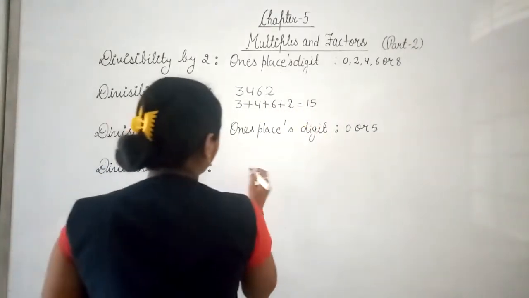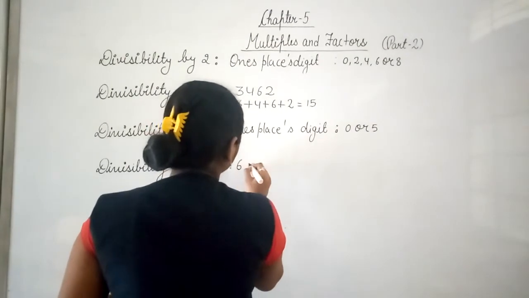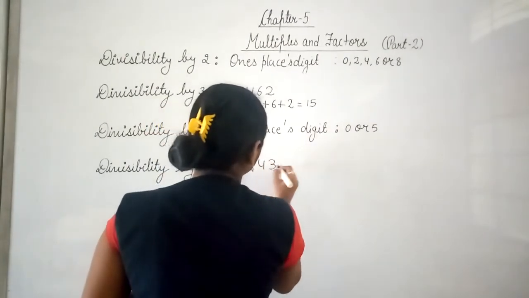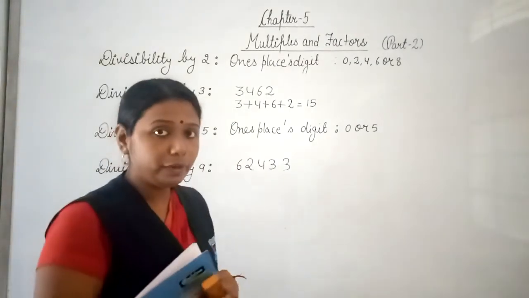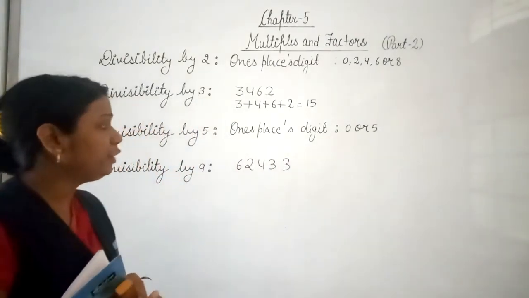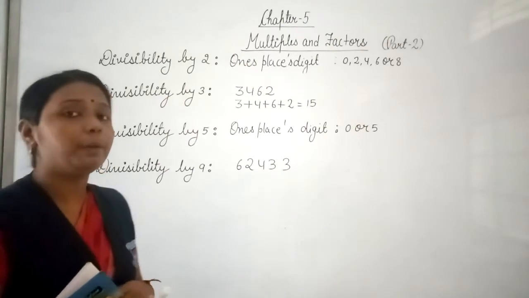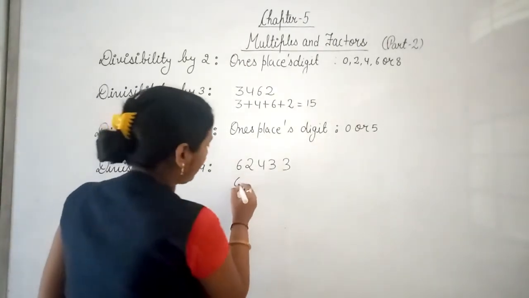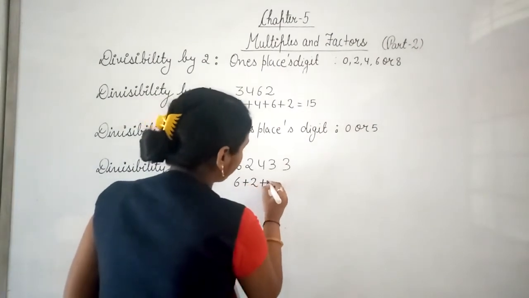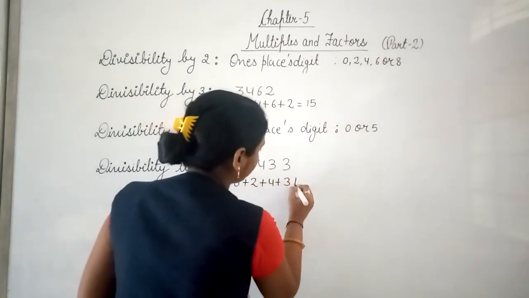If I take a number, it's a 5-digit number over here. If I want to check whether the number is divisible by 9 or not, I will simply start adding the digits of this number.